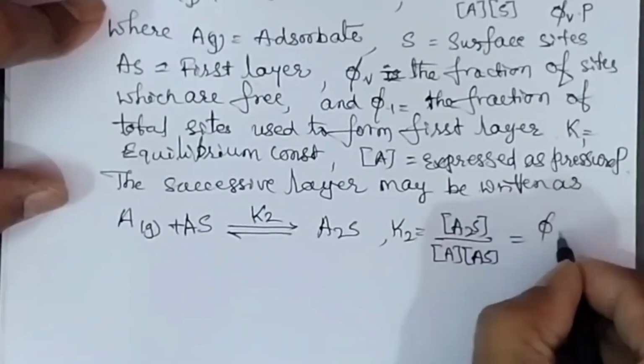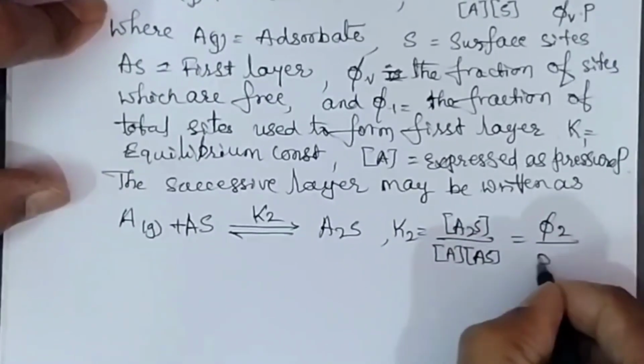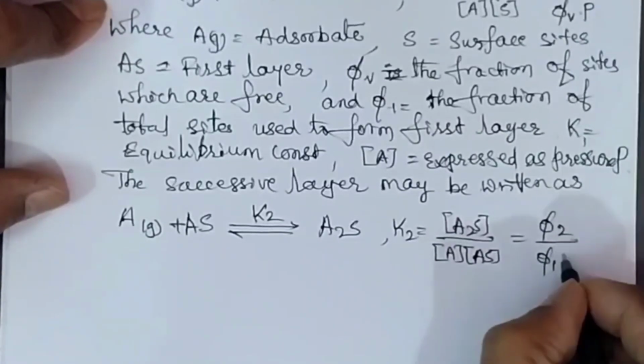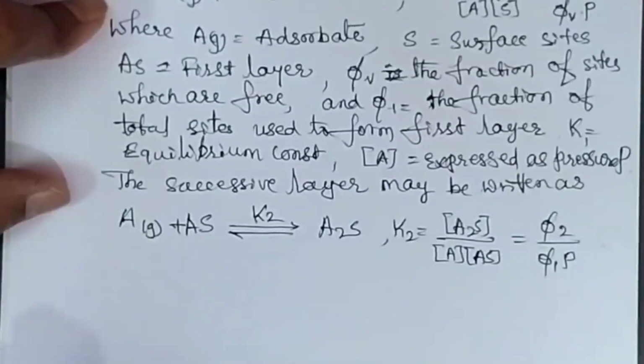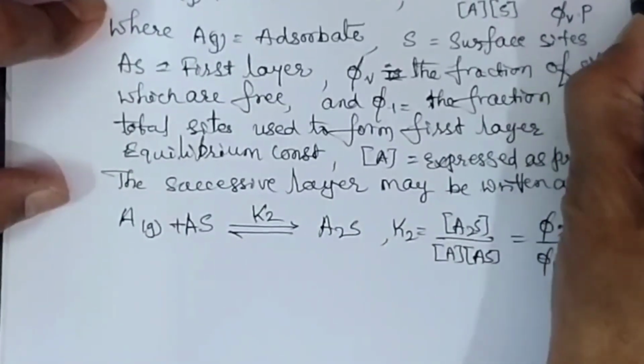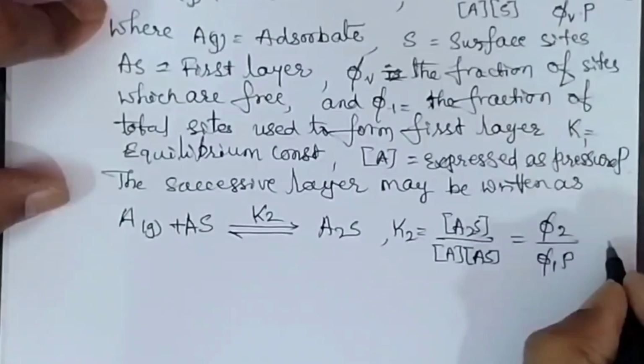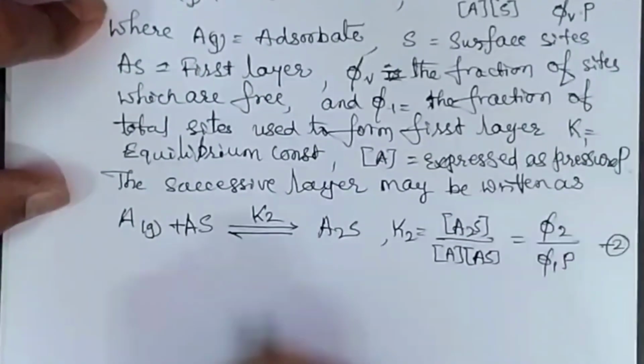This is equal to pi 2 divided by pi 1 into P. Suppose this is equation 1 and this is equation 2.